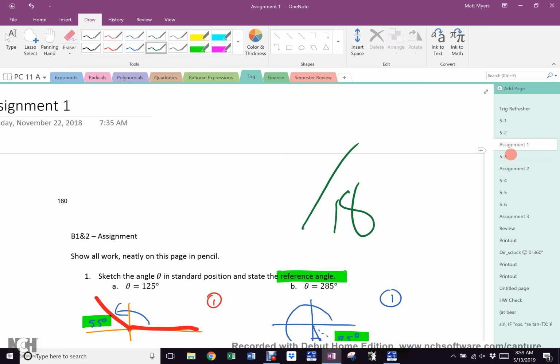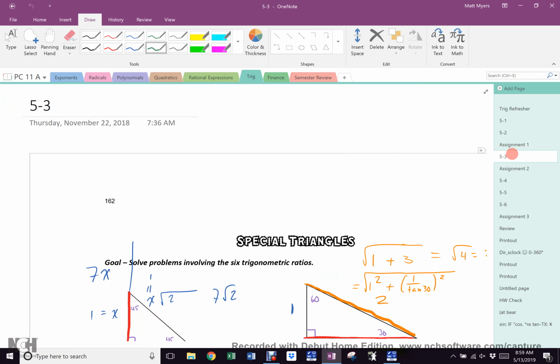Can everyone do trig up to here? Page 162. Now, you will notice, what is page 162 entitled? Special triangles. Have we seen that terminology before?